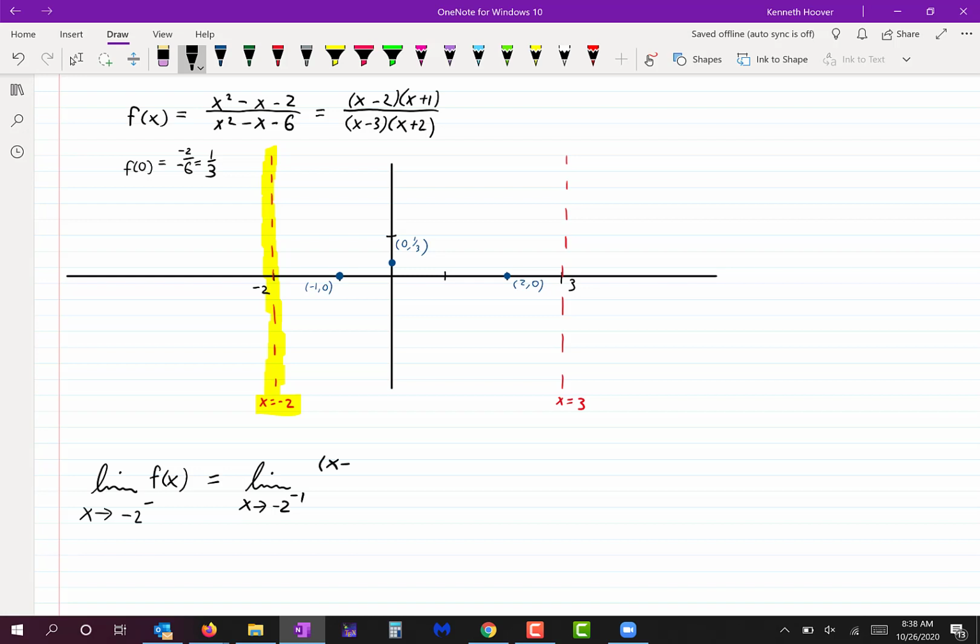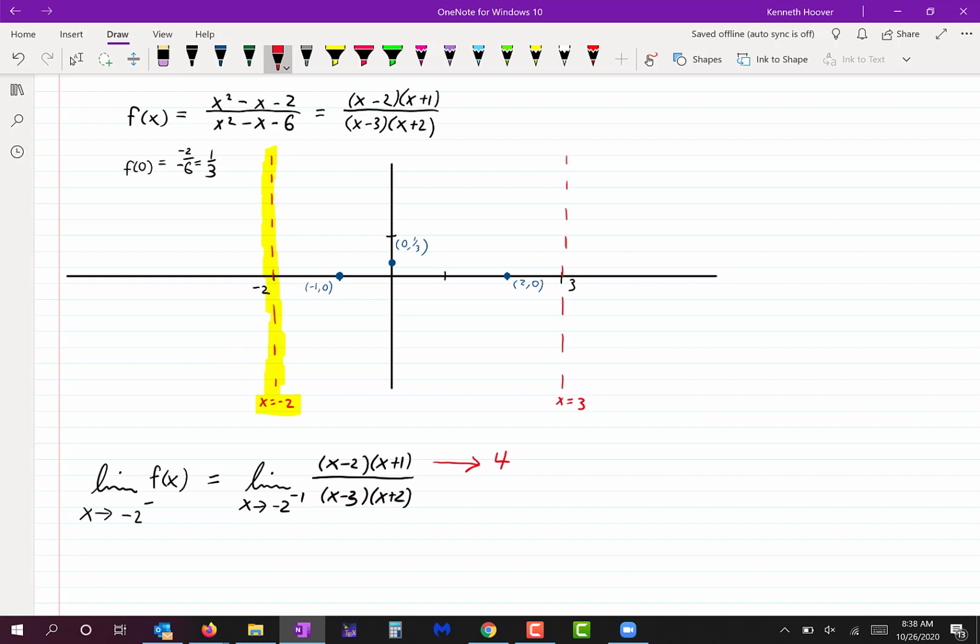let's write the function in its factored form. The top is approaching, what would that be? The top is approaching 4.